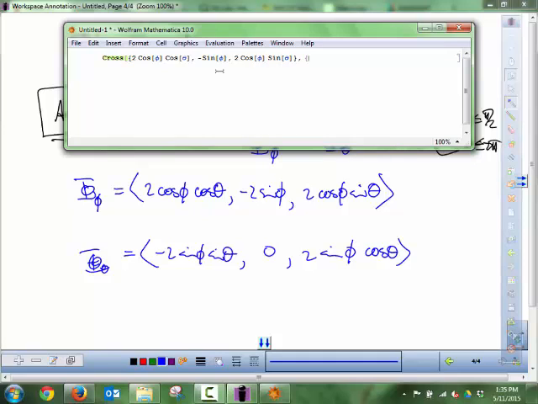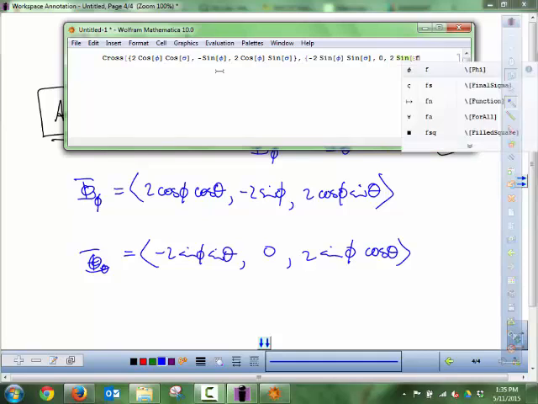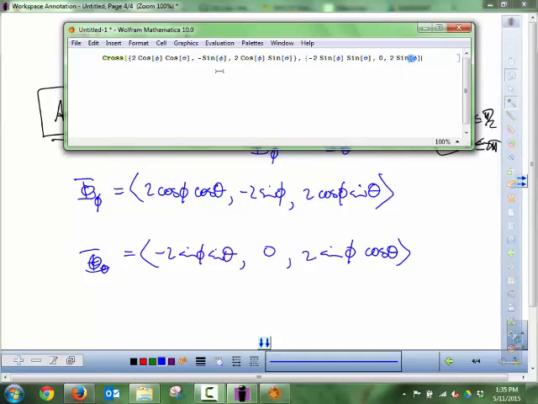So that's one vector. The second vector is minus 2 sine phi sine theta, 0, and then 2 sine phi cosine theta.